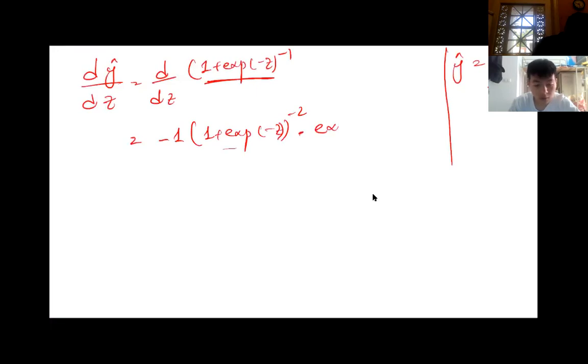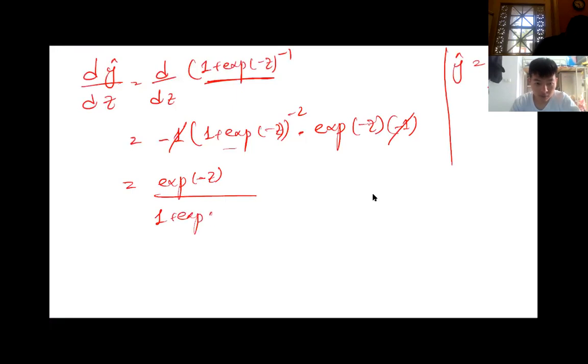So exponent minus z's derivative is exponent minus z times minus 1. Is it clear to everyone? Does everyone agree with the derivative? Yes. So these two cancel out, and I have exponent minus z divided by 1 plus exponent minus z whole square.